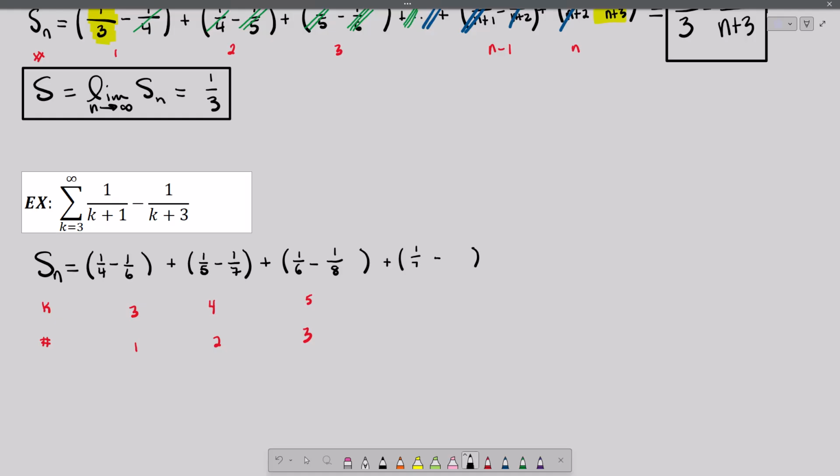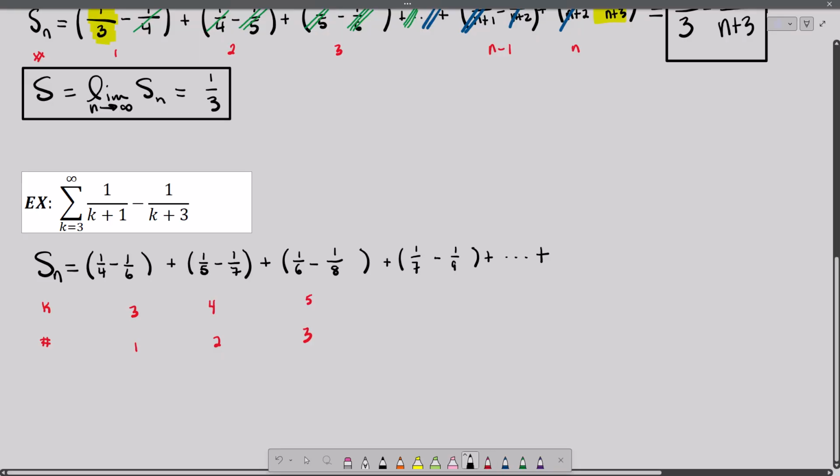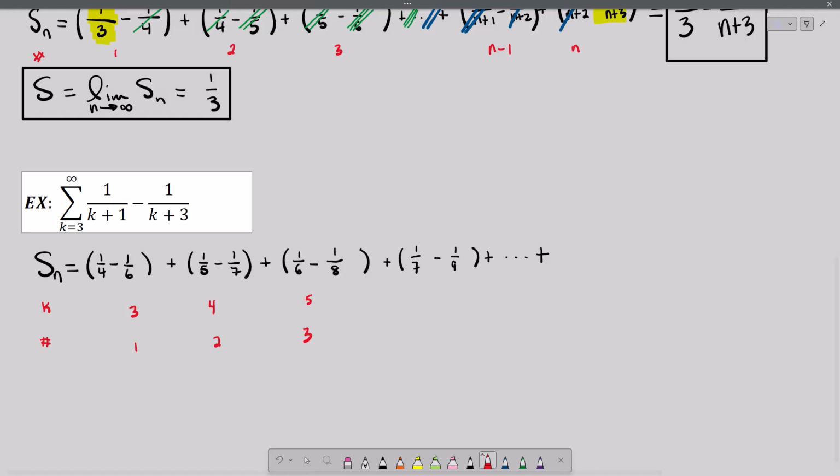So we're going to get 1/7 minus 1/9. Okay, so this was k equals 6, and that gives us our fourth term. All right. Usually 3 is enough, but we'll just do 4 this time.